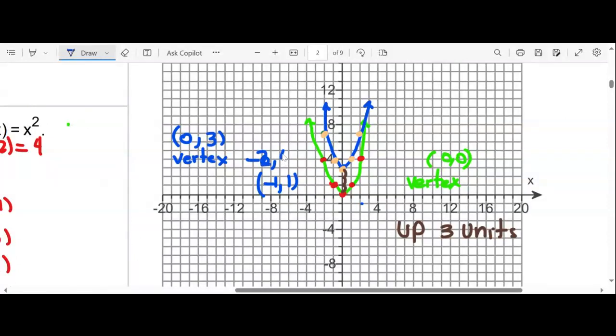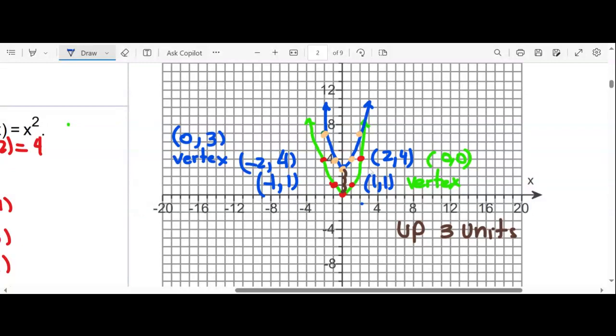And on the right side, we have 1 with 1. On the right side, how much here? 1 and 1. 2 and 4.